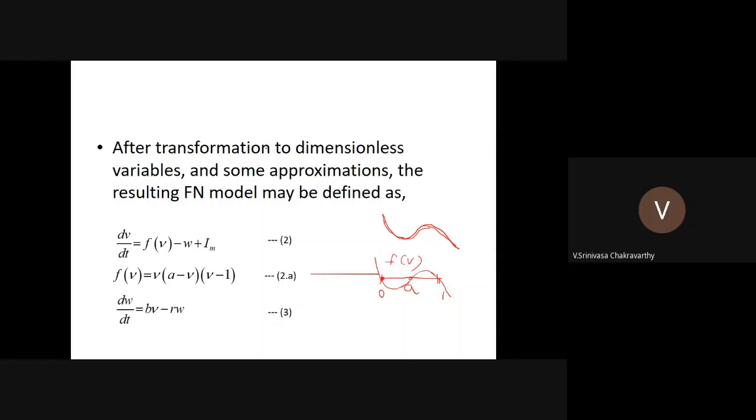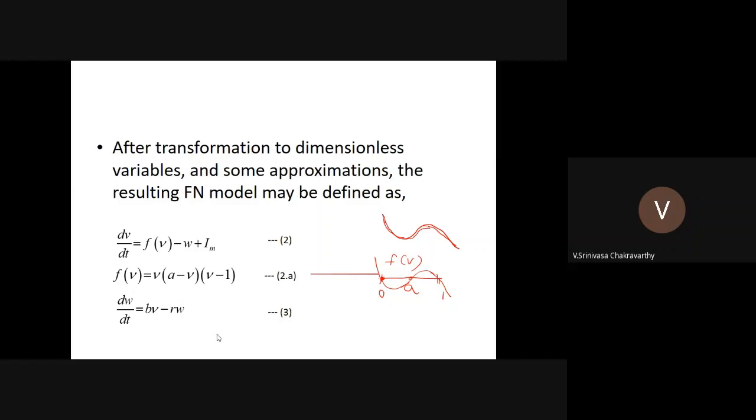So that is the first equation. The second equation is dw by dt is equal to bv minus rw. Now, w is not exactly the n variable, because we have got rid of the m and h variables and are left with only n. W is a transformed variable, but it is related to n. They have simplified the nonlinearity, got rid of the quadratic and higher nonlinear terms, and taken just the linear terms.